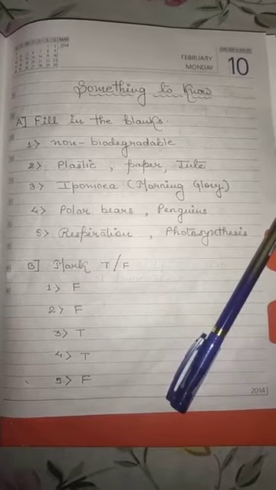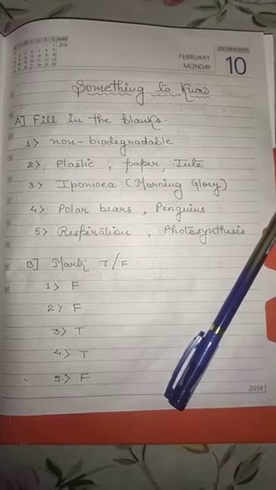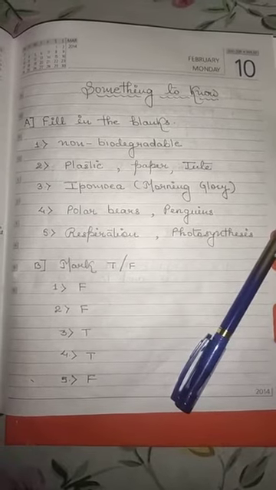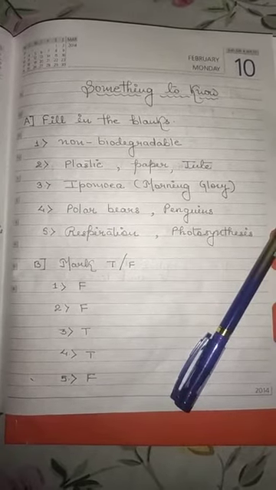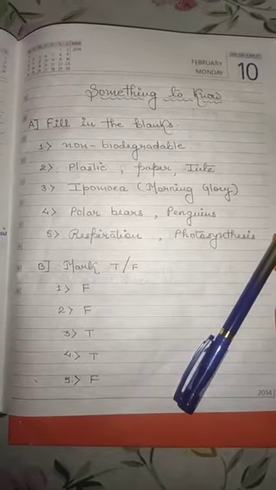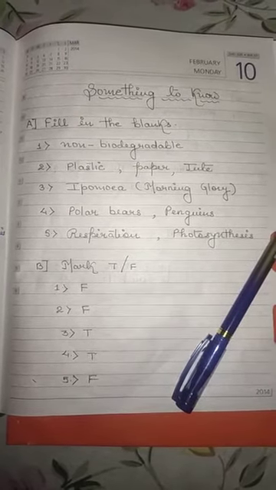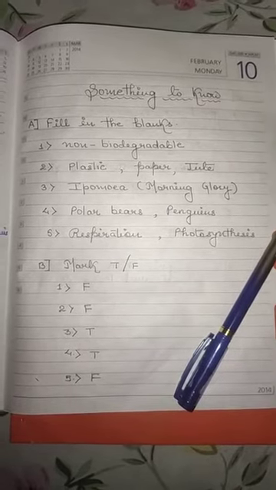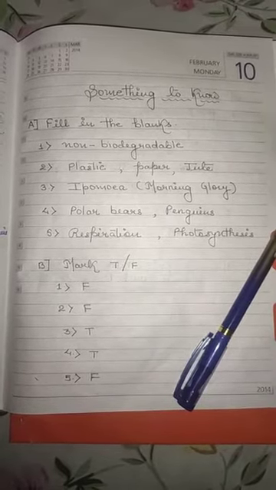In the previous classes, we had discussed chapter 1, our environment. Our environment is made up of two components, biotic and abiotic. The biotic components and the abiotic components interact in nature, which we also discussed in the previous classes.